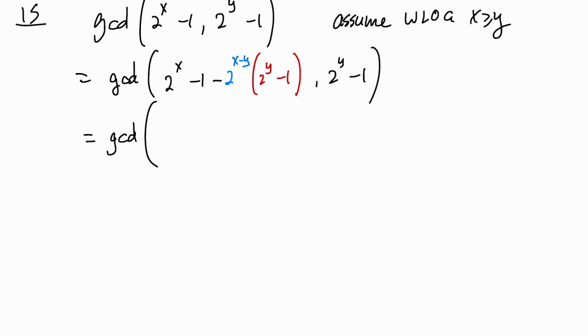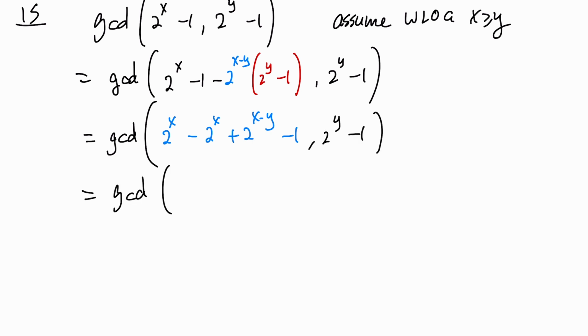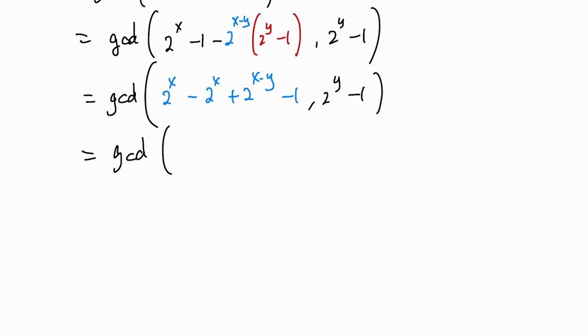If we simplify this, we get 2 to the x minus 1 times 2 to the y, plus 2 to the x minus y minus 1, and we keep that, which means that our GCD is, we can cancel out that, we get 2 to the x minus y minus 1, and 2 to the y minus 1.